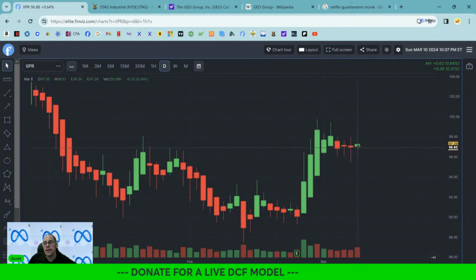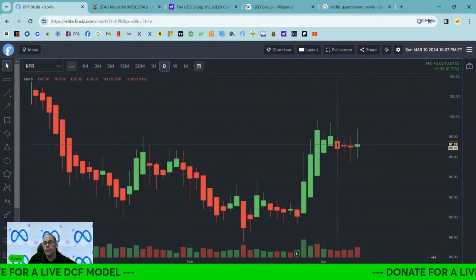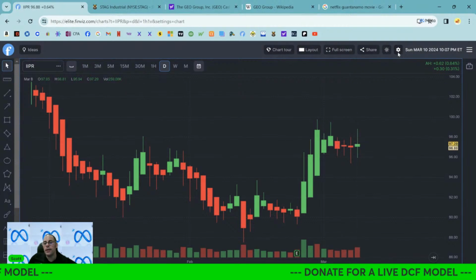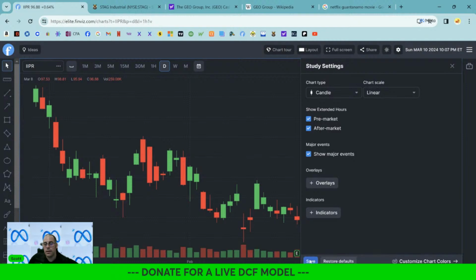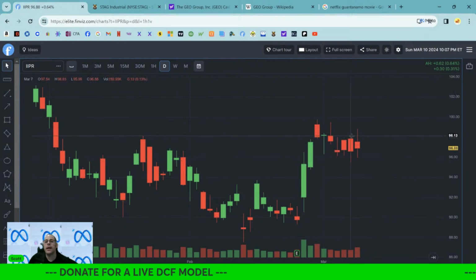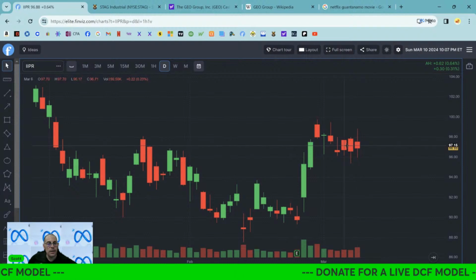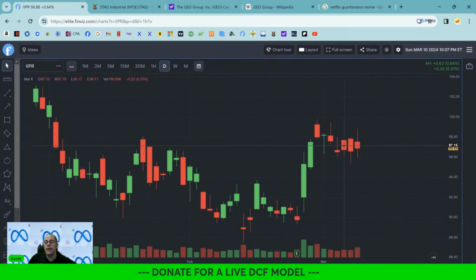You see how this is a Heikin-Ashi and it has green, red, red, red. This is the regular candlestick. These are trading days. So the last trading day is red, red, red.